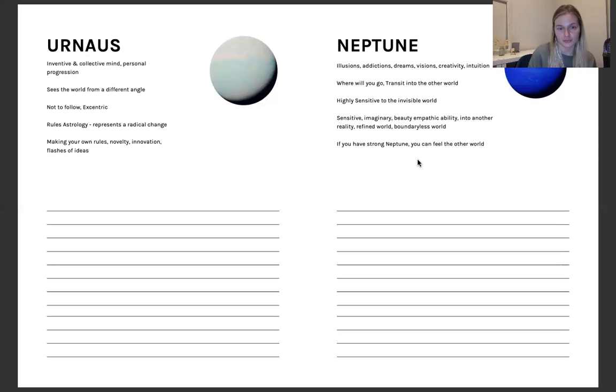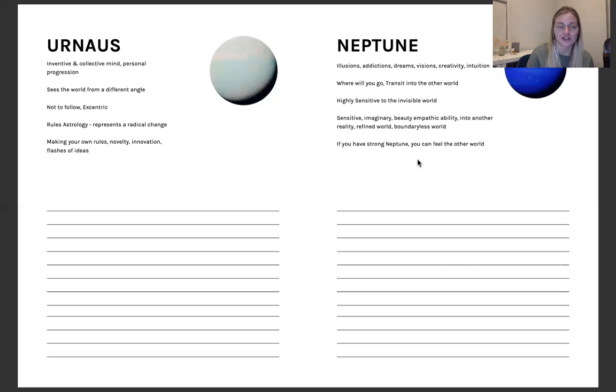Uranus rules Aquarius, and my Uranus is in Aquarius, so I feel a natural impulse to rebel constantly with what I do. People who are born near me might feel that as well, and it's good because we might change things somehow, but people usually don't like change, right? Uranus represents radical change.